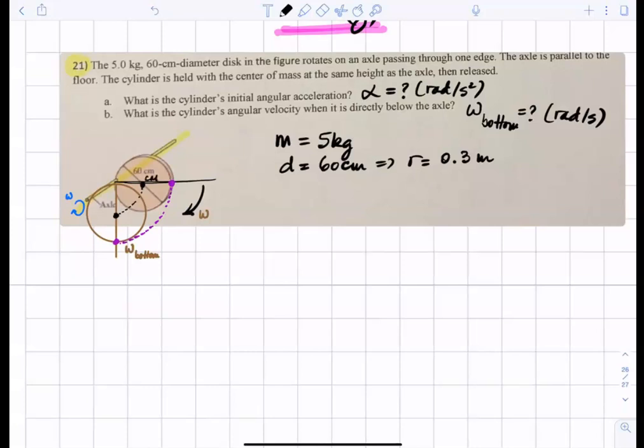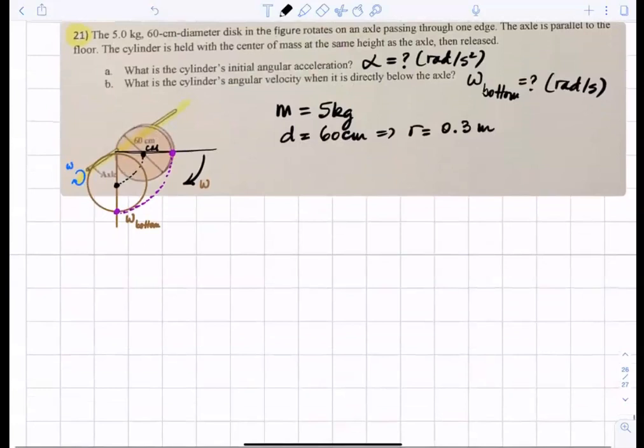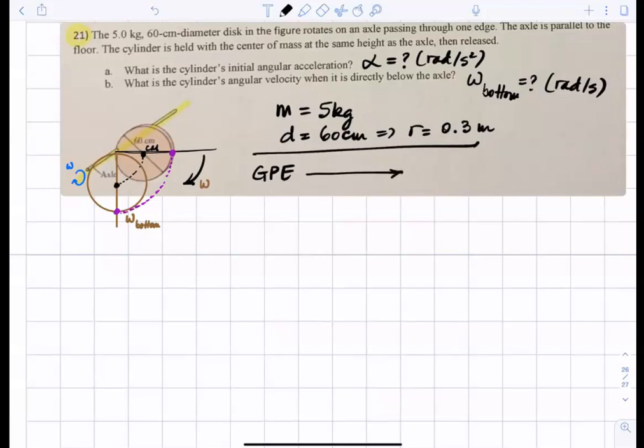And then released, it goes at a 90-degree angle right below the axle. All right, so let's look at this. What happens? You have gravitational potential energy that transforms completely into kinetic energy of rotation, or rotational kinetic energy. This is what happens in this problem, essentially.